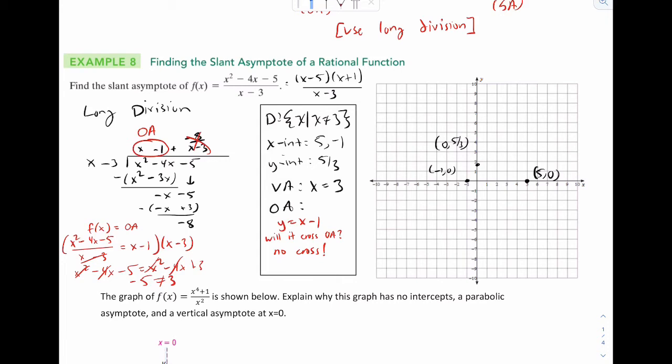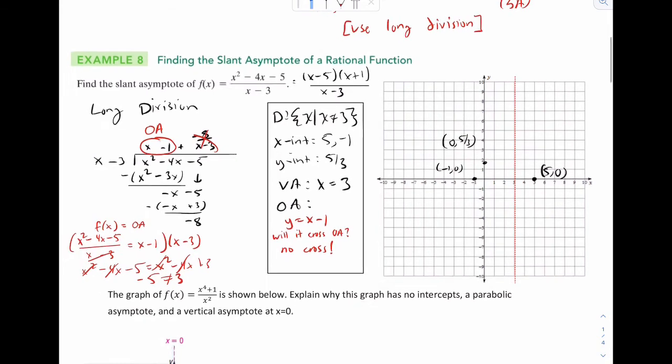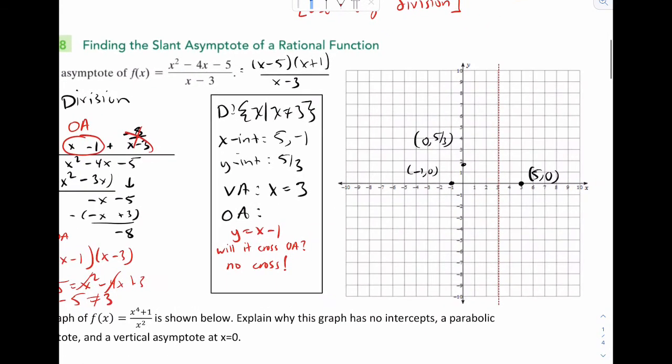Then I have a vertical asymptote at 3, and then y equals x minus 1, so just graph that. The y-intercept is negative 1, and the slope is positive 1, so over 1, up 1. And let's draw that out.